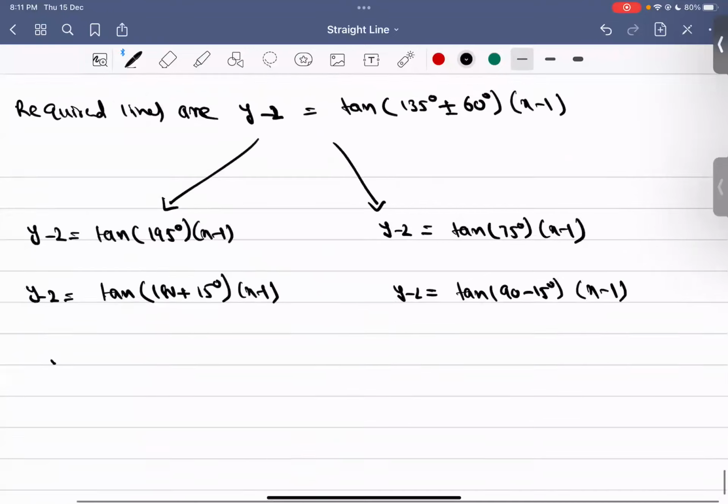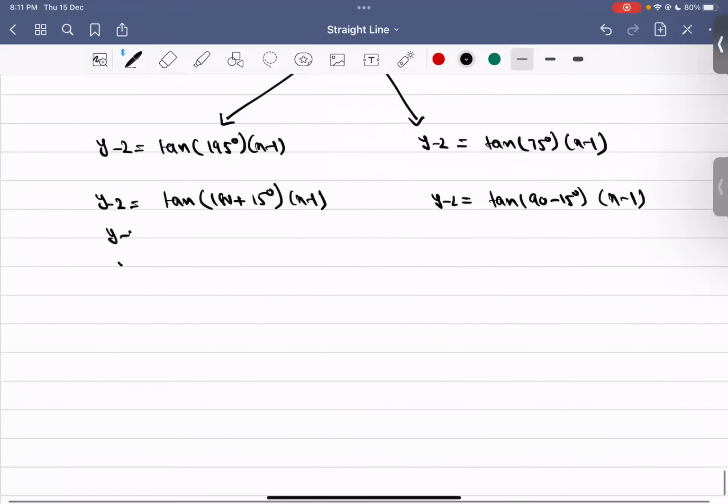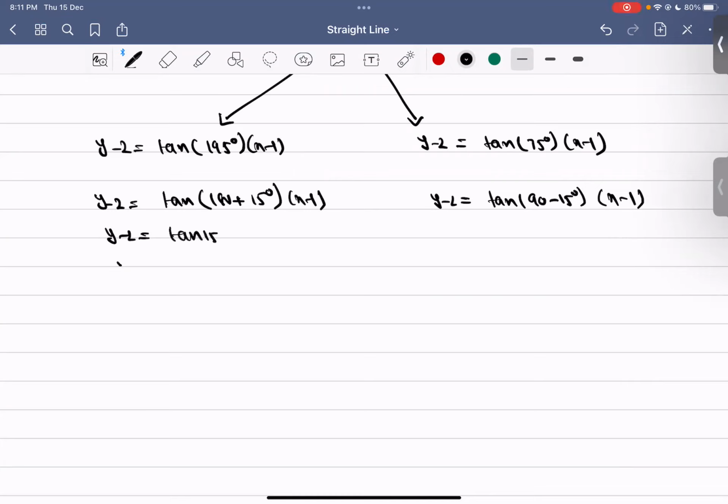Tan of (180 plus theta): in which quadrant? Third quadrant, tan is positive, so tan remains tan. Therefore, tan 15 degrees into (x minus 1). For 90 minus 15, first quadrant, tan becomes cot, all are positive. Therefore, this is just cot 15 degrees into (x minus 1).